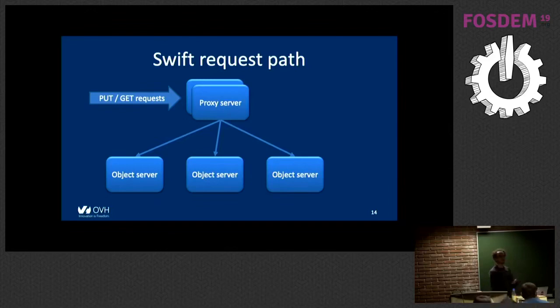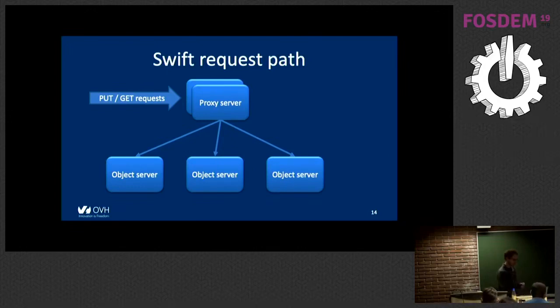And if you need to get your data back, the proxy server will get your object from either one of these 3. Our patch or work with this is only on the object server. We didn't touch any other Swift code.